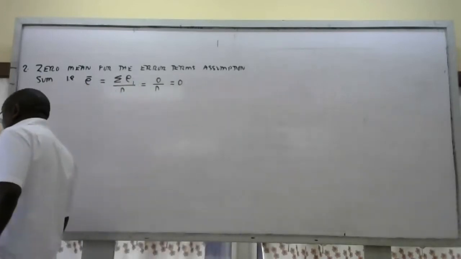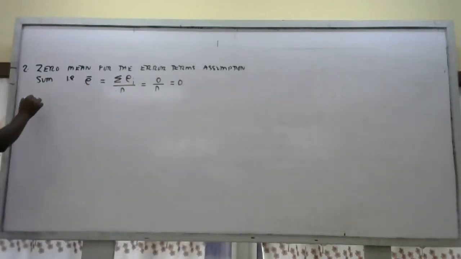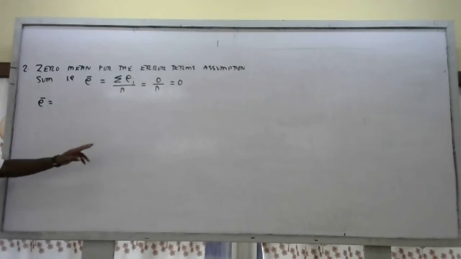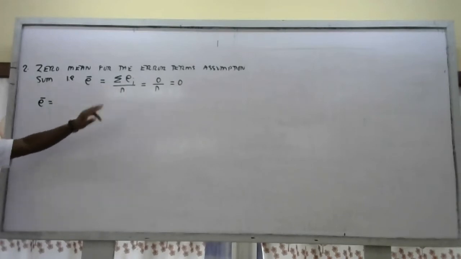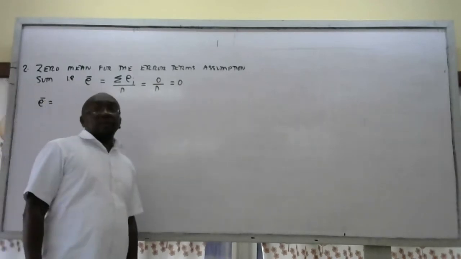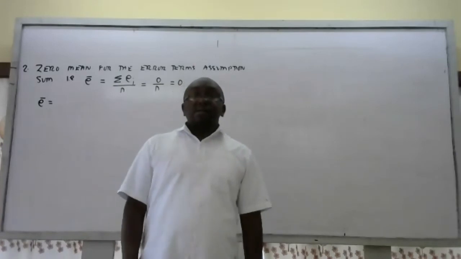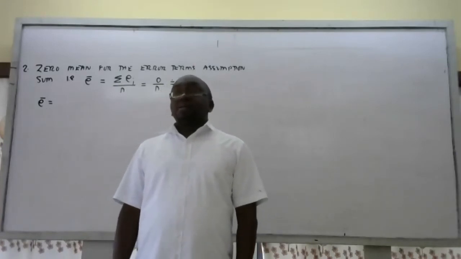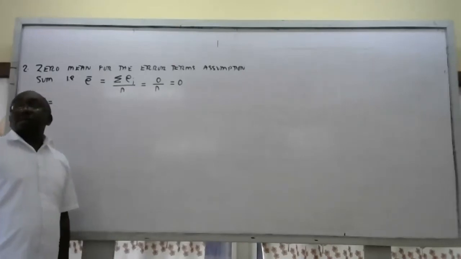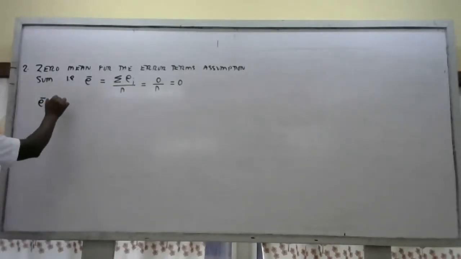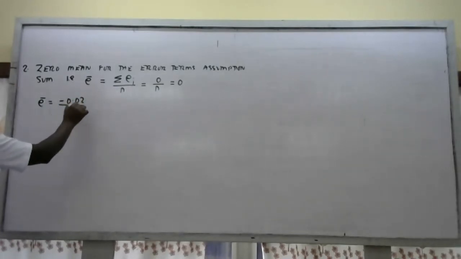For the above case, e bar equals, give me the total that we got for this column of the error values. The total is minus 0.02. So you divide this by 6.